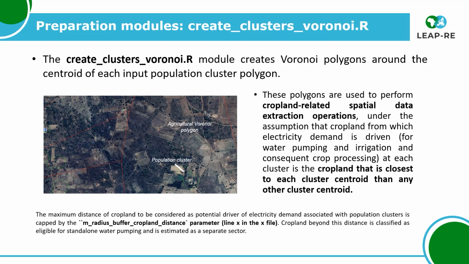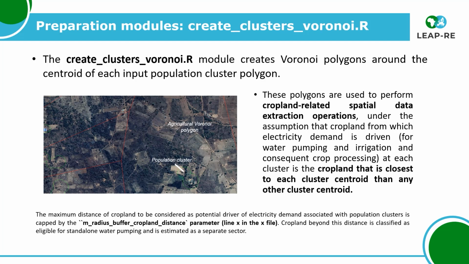And then you can see that a large polygon around it is built, which captures the agricultural land around the population cluster, so the fields, which are not built up and don't contain buildings, but are presumably cultivated by the people that live in these buildings. So these additional polygons serve the purpose of capturing the agricultural land around each population district.